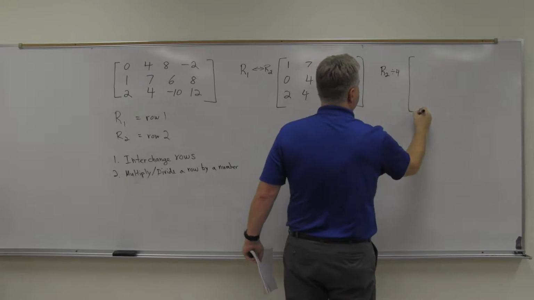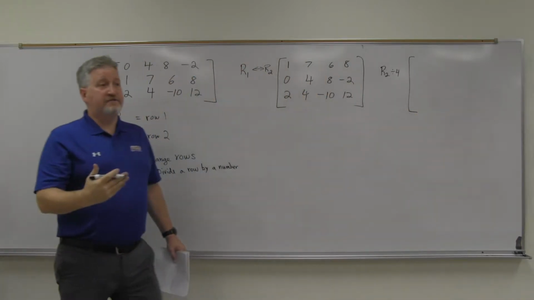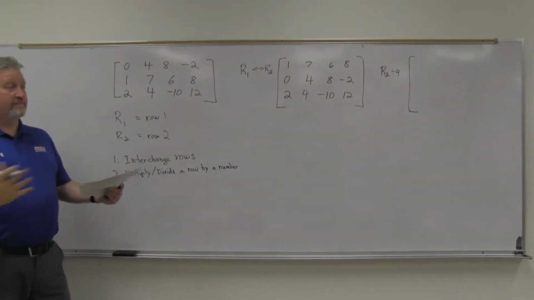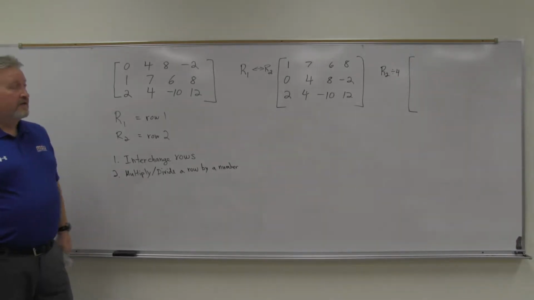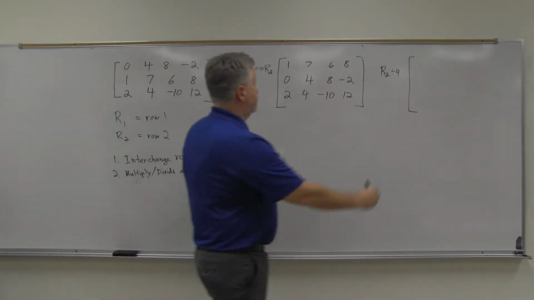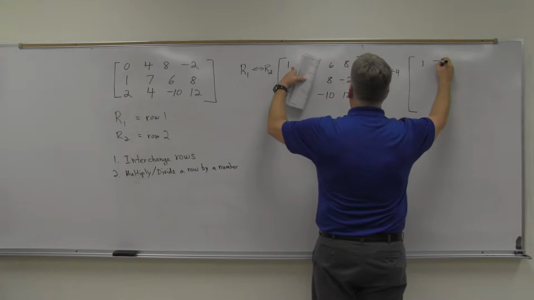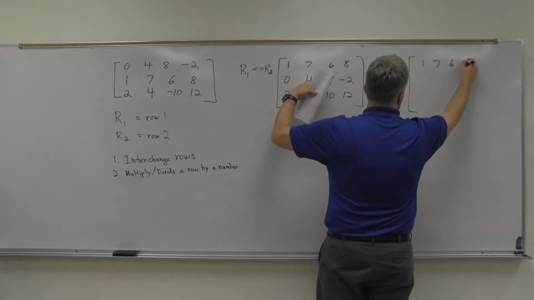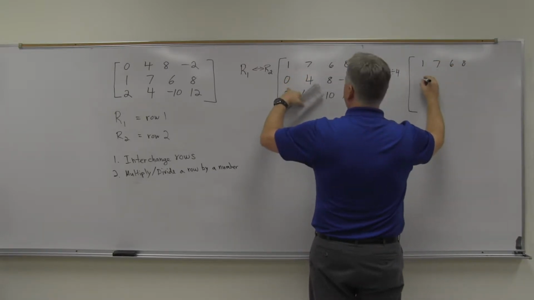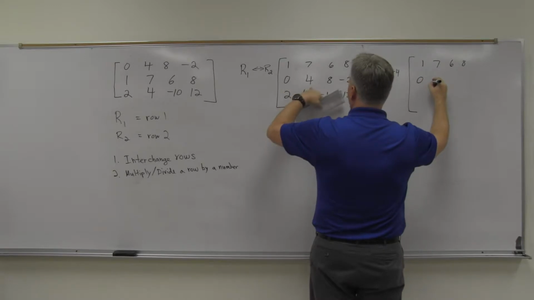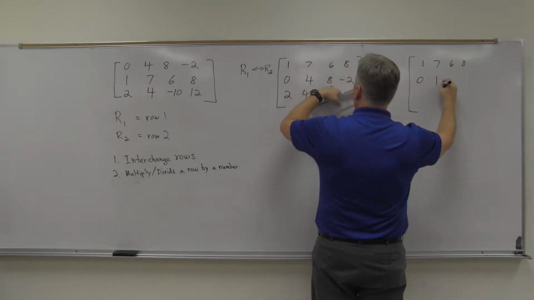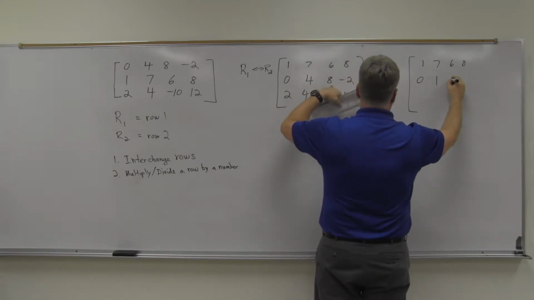And replace. That doesn't change anything about the values in the matrix either. So row 1 stays the same, but row 2 I'm dividing by 4. Of course, 0 divided by 4 is 0. 4 divided by 4 is 1. 8 divided by 4 is 2.